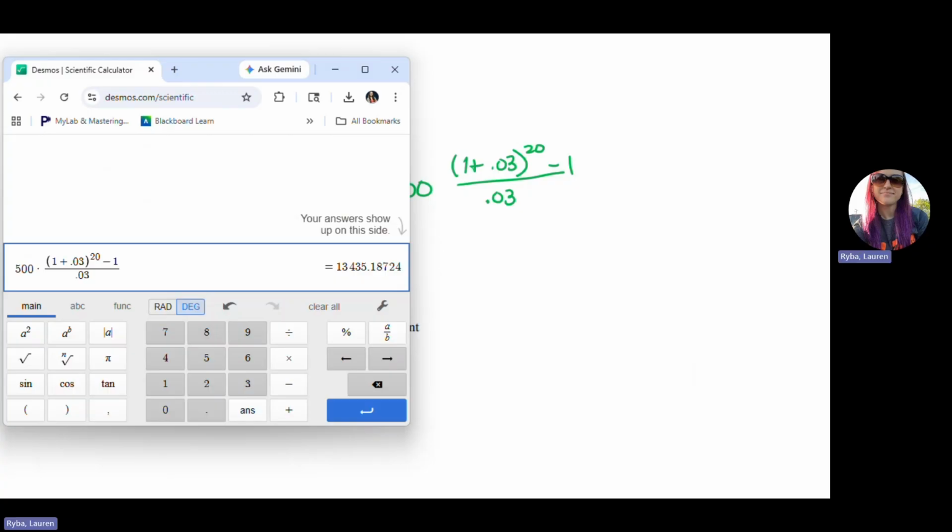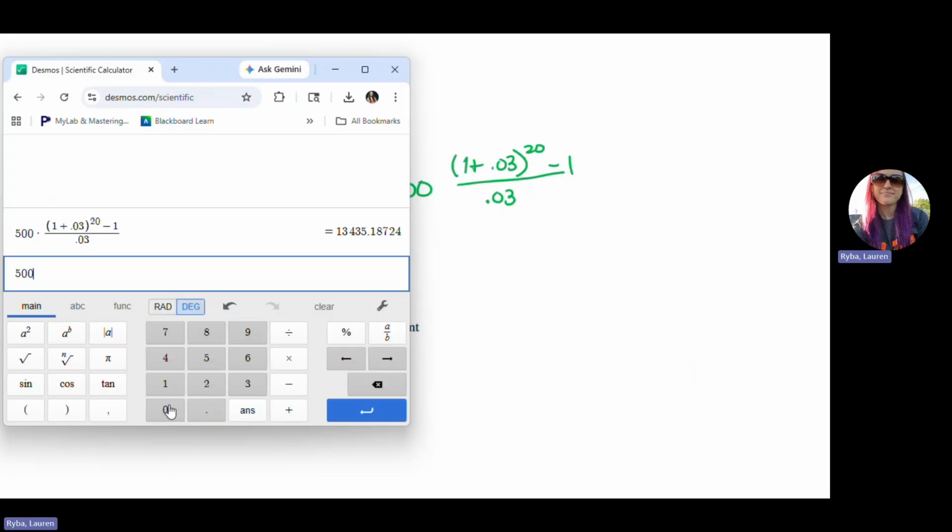So if I deposit $500 20 times, just to show you here, I put 500 in 20 times. I deposited $10,000 of my own money, but due to earning interest on those repeated deposits, I've now reached $13,435.19.